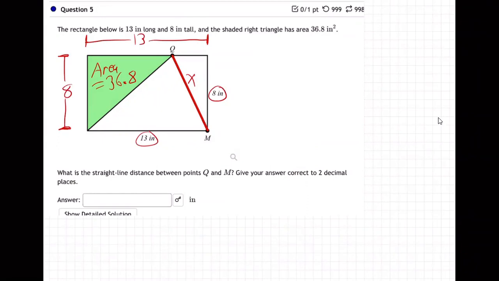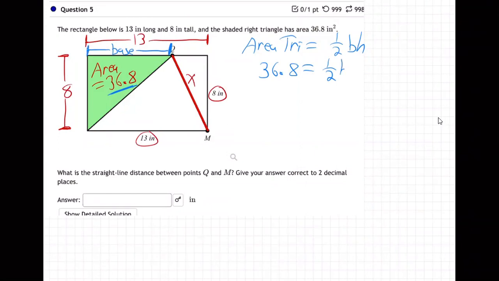So let's start with the area of a triangle. What's the area of a triangle formula? Well, it's a half times base times height. And the area of this triangle, they said, is 36.8, and that's a half. Now, what's the base and height? Well, the base is going to go to here and to here.